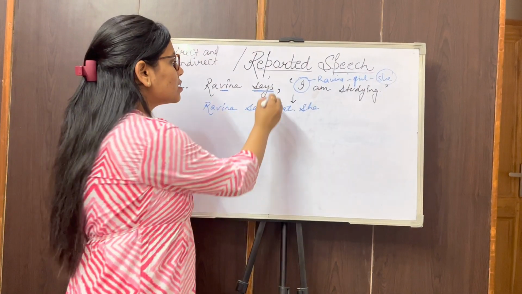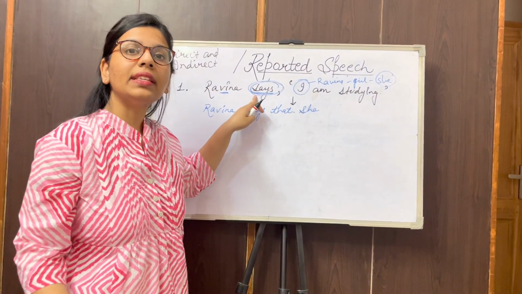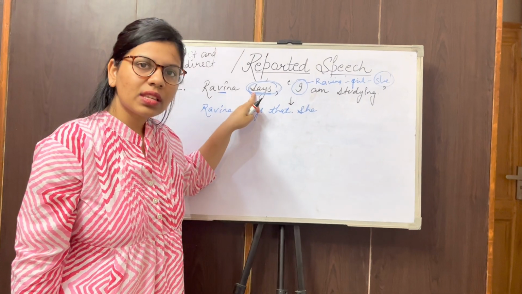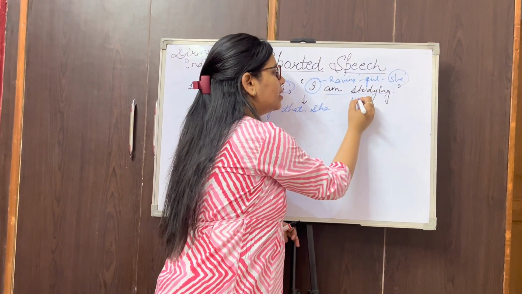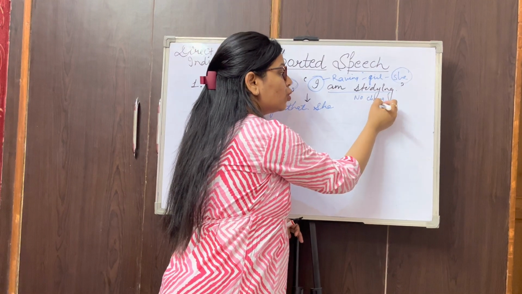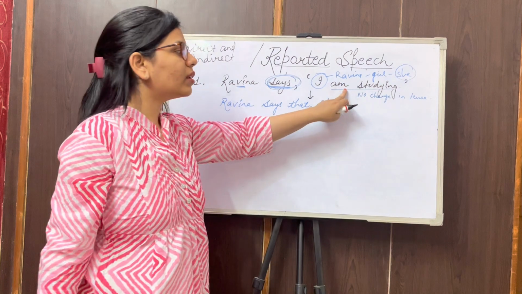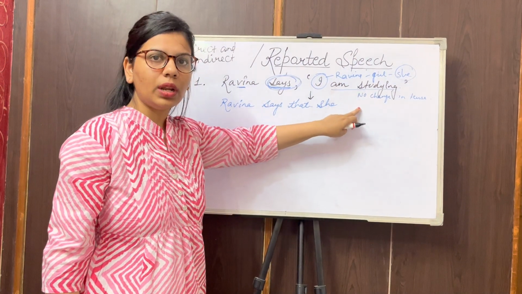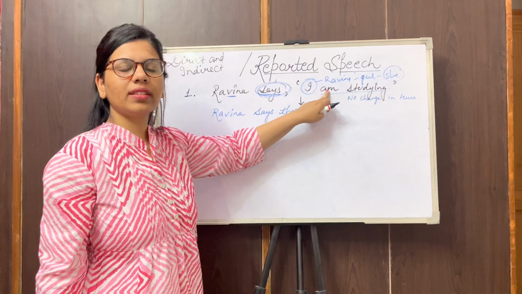Now this verb we already studied. This verb is in present tense. And because this is in present tense, we will not change the tense. No change in tense. So this will remain present continuous only. It will remain present tense. But can am go with she?